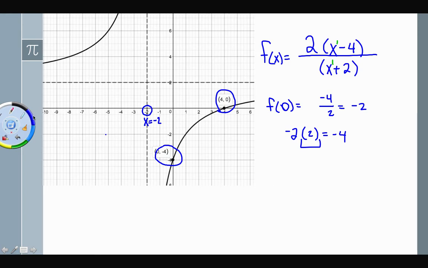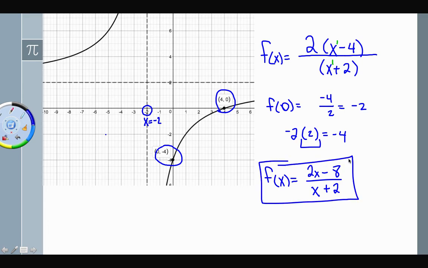So what we could do is to simplify this. This part is not absolutely necessary, but if I distributed the 2, I would get 2x minus 8 over x plus 2, and we would have our final answer.